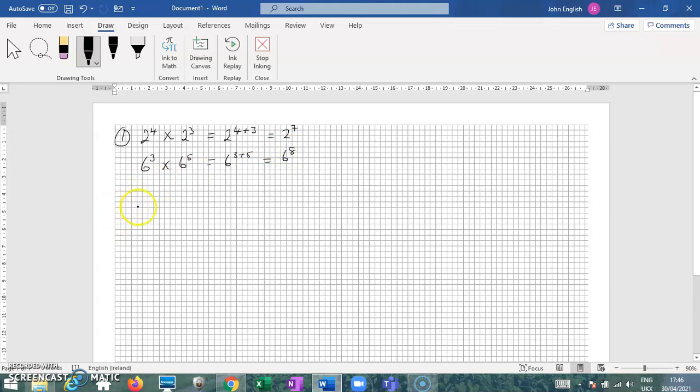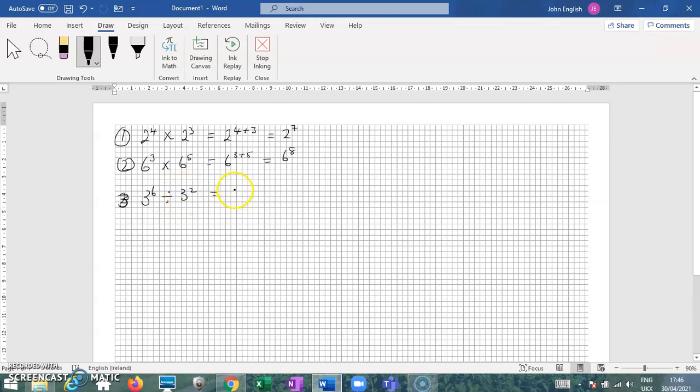Okay, so when it comes to dividing using the indices, so we'll say number 3. Excuse my writing once more. So let's say you have 3 to the power of 6 being divided by 3 to the power of 2.